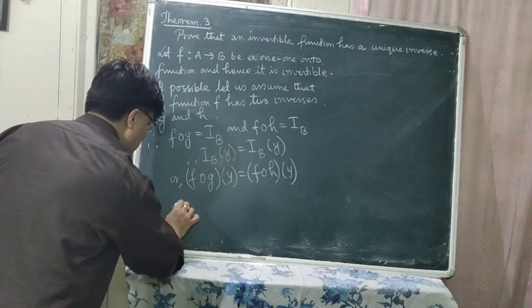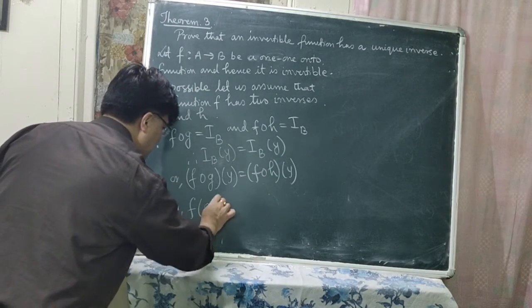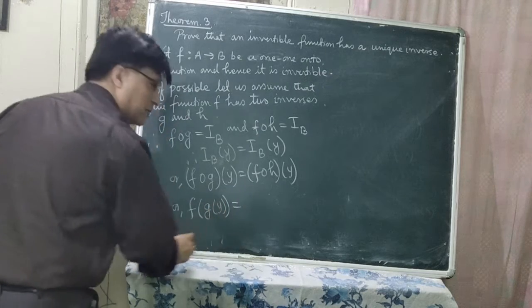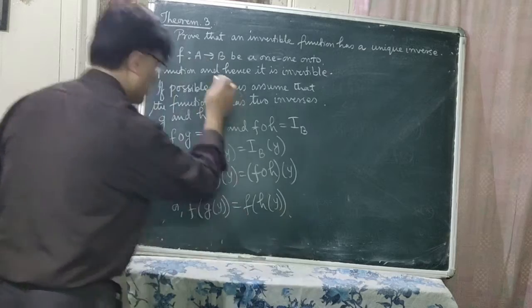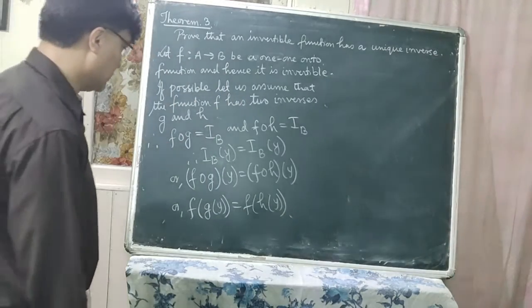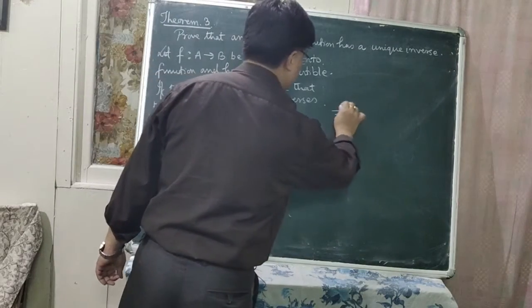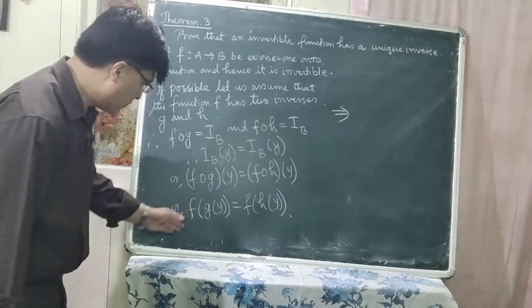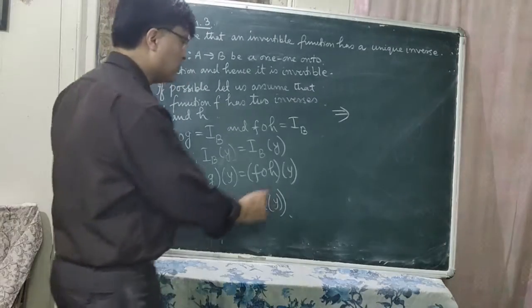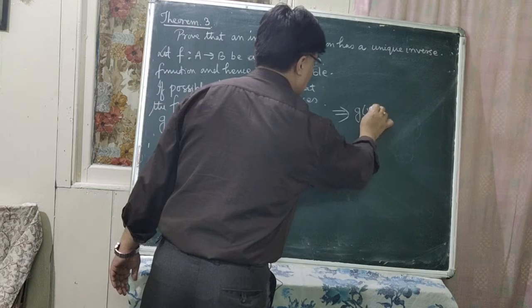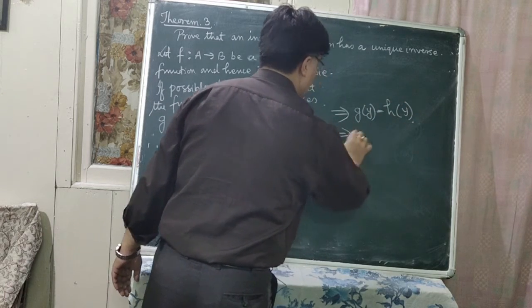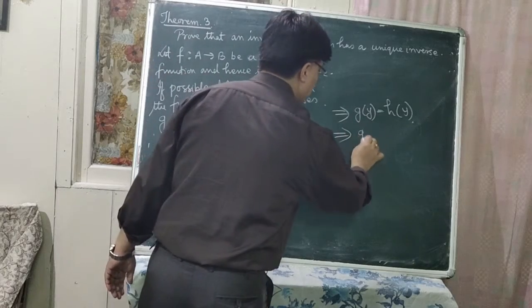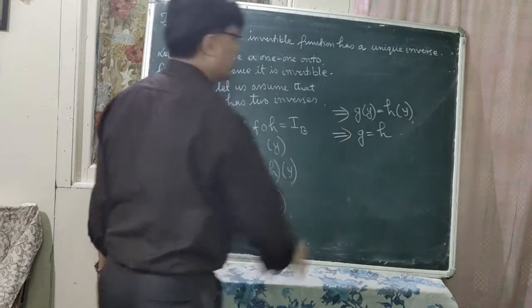So by definition it can be written as f of g of y is equal to f of h of y. I think you have understood it, okay. So which implies that from both the sides you can cancel this f. So what do we get? g of y is equal to h of y, and from here also g is equal to h.